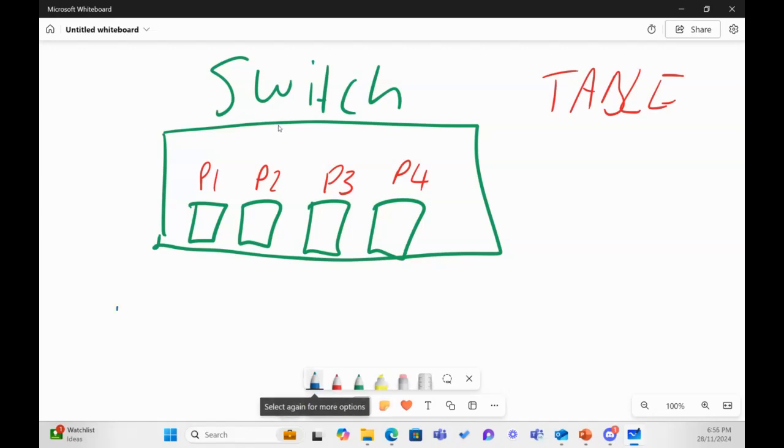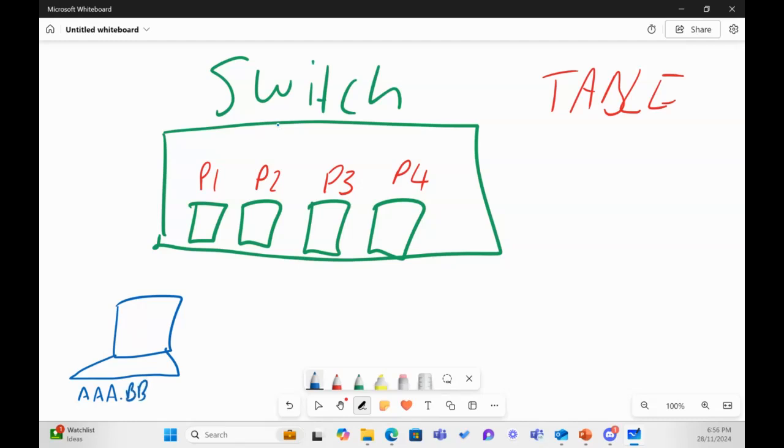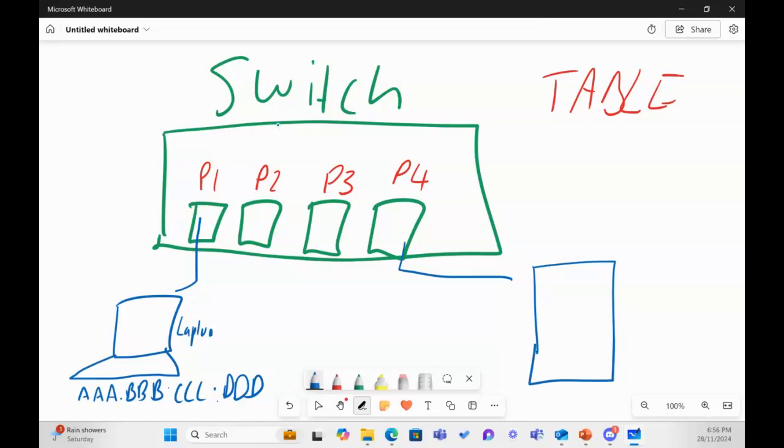Okay? Now, I've got a laptop here. The MAC address is AAA, BBB, CCC, and then DDD. So this laptop, once it is connected to port 1, and port 4 is a server of some type, the MAC address for this server is 111, 222.